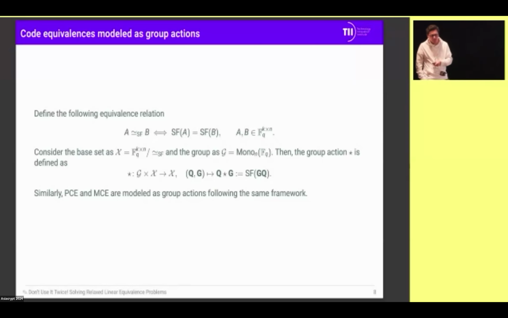Then you define the group action as mentioned before, the systematic form of G times Q. Again, I highlight that we only have one secret matrix, not two anymore. Similarly for permutation equivalence and matrix equivalence, you just replace the groups and the sets.